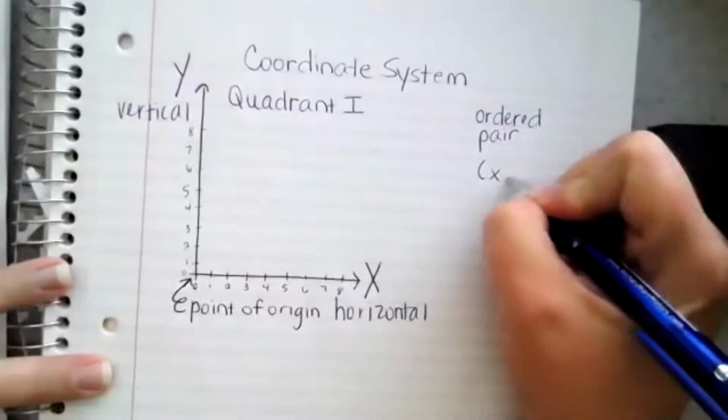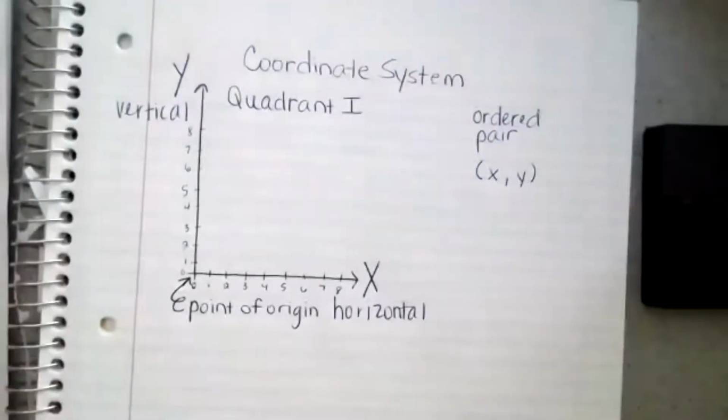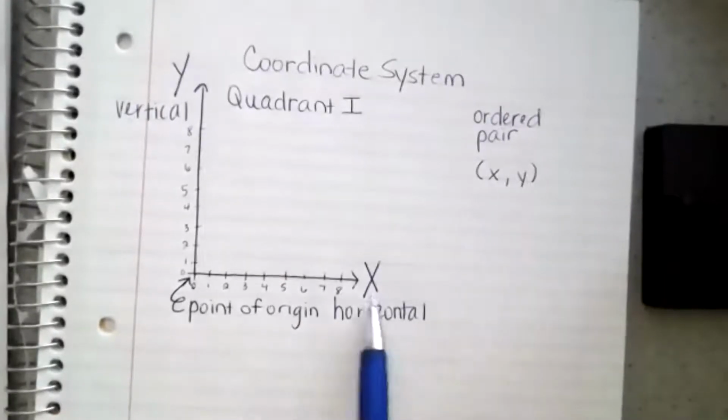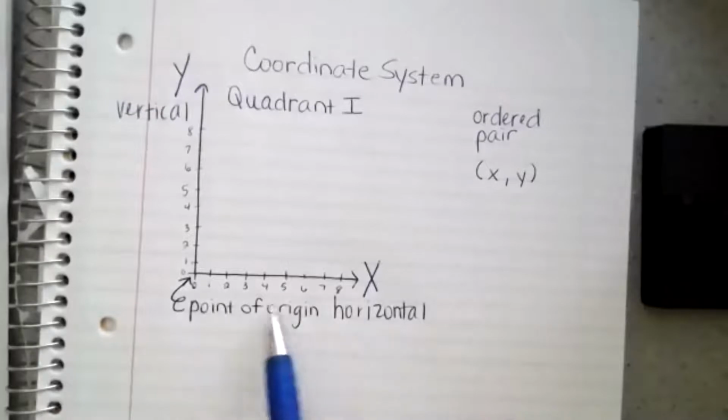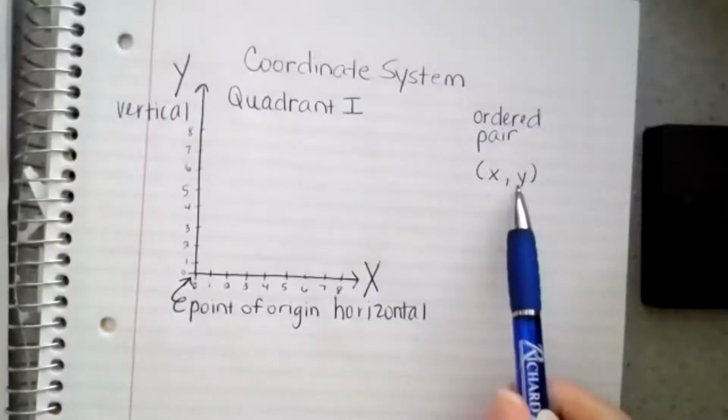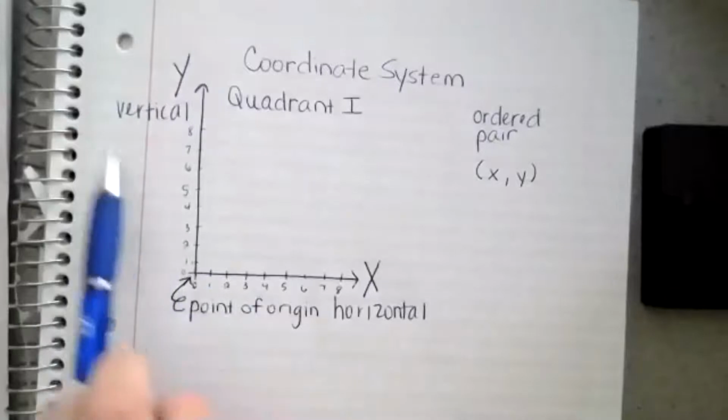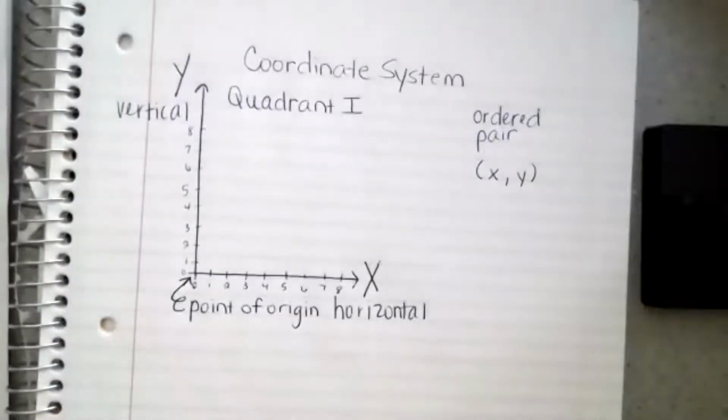These are always given to you in an XY form. X is always first, Y is always second. X meaning this X axis or the horizontal movement, Y meaning the Y axis or the vertical movement.